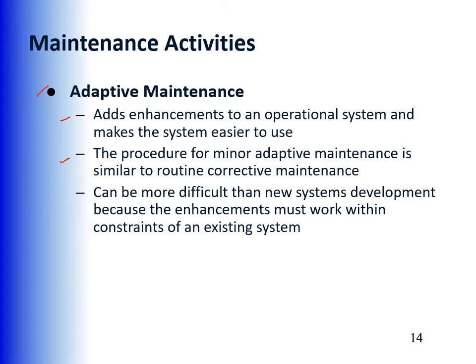But a major adaptive maintenance project is like a small-scale SDLC project, because the development procedure is similar and it can be more difficult than new system development because the enhancements must work within the constraints of an existing system.